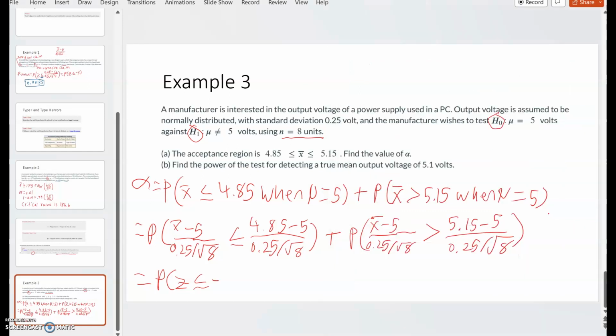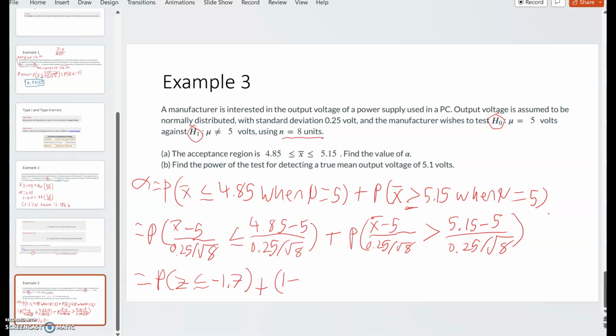So it'll be roughly negative 1.7, plus, since we are saying it is greater than, we are going to want the 1 minus, because this is always going to give us the left probability, so we want the right since it's saying greater than.